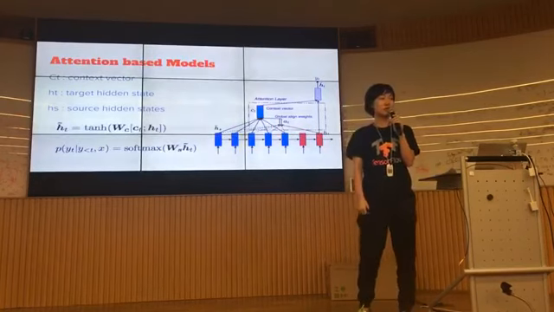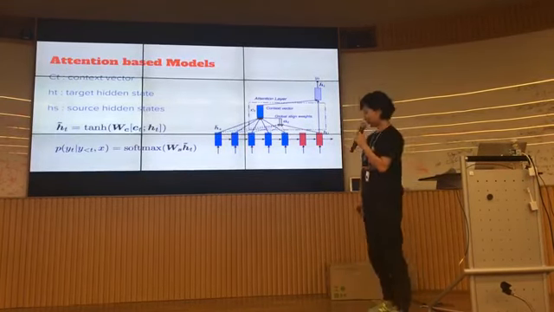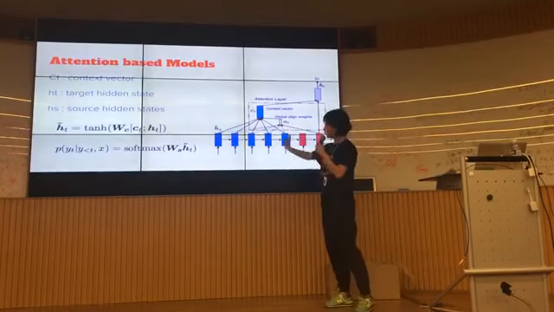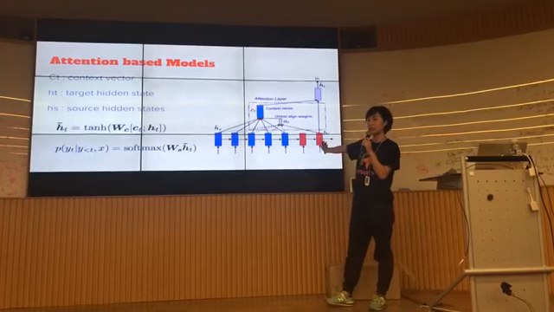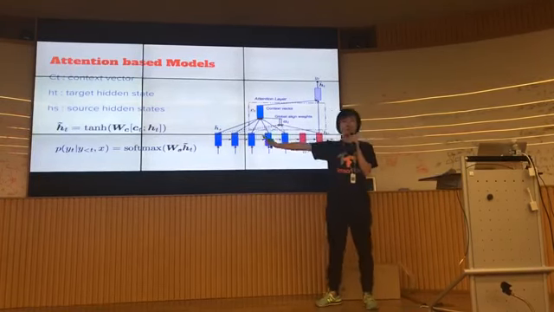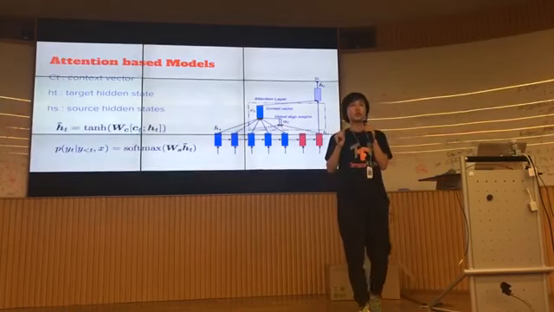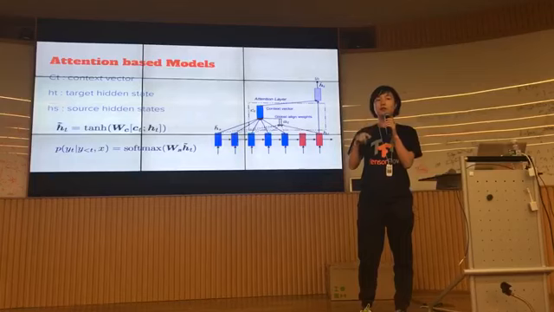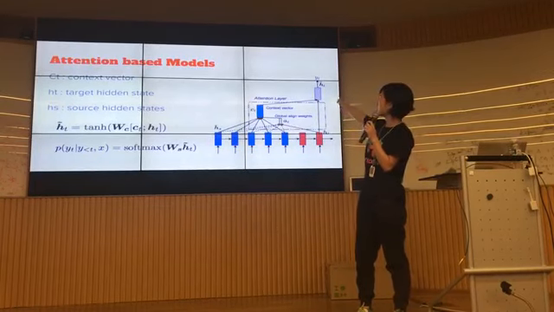Next, I'll introduce how the attention-based model works. In this picture, the blue side is the source side, and the red side is the target side. CT is called the context vector of the source sentence. CT tries to capture the relevant information of the source side to help predict the target word YT.